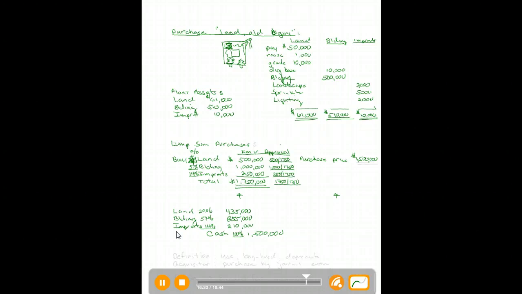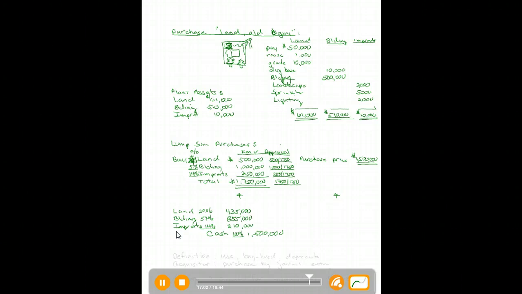The lump sum purchase method uses the fair market value of a purchase, where you've made a purchase of several things at once, figures out what percent of the total fair market value belongs to each category, and simply applies that to the amount of the cash paid to come up with the journal entry that capitalizes all of the costs into the appropriate account.